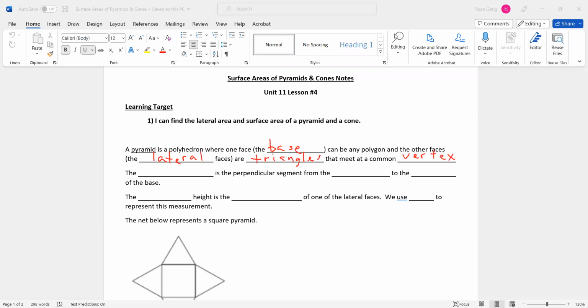Okay. The altitude is a little bit different. It is the perpendicular segment from the vertex to the plane containing the base, or the plane of the base. So you will have some pyramids that are kind of weird.